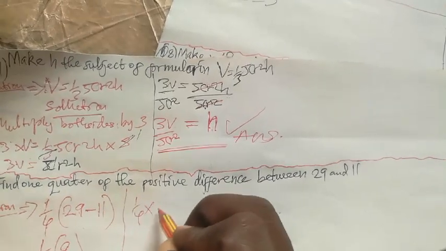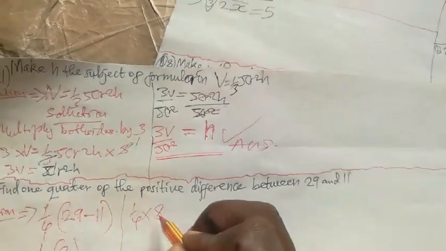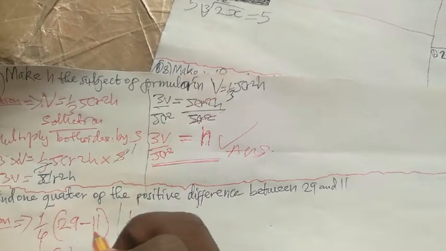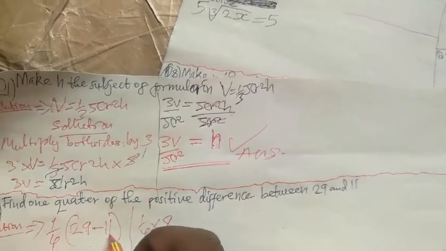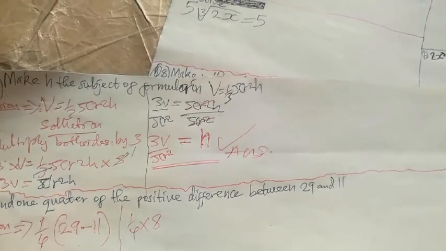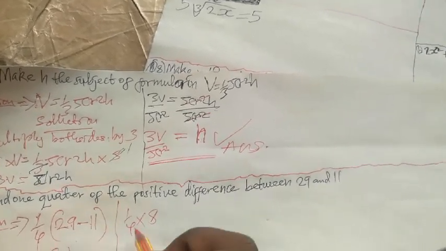A quarter of 8... no, it's not really 8, but 18. 29 minus 11 is 18. Therefore, a quarter of 18.